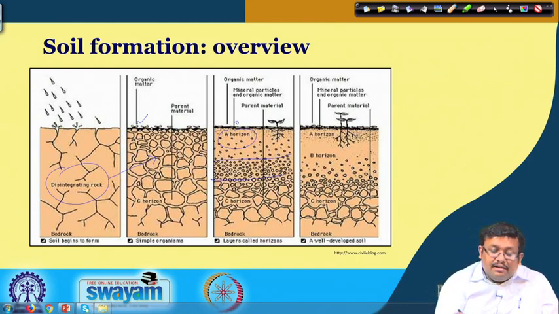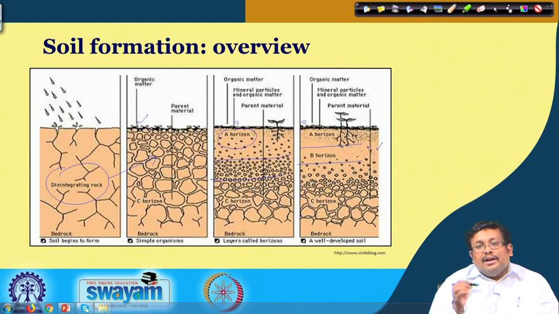In the final panel you will see that a completely distinct horizonation has been formed in this soil, where you can see the A horizon as well as the B horizon as well as the C horizon, and at the top there is a completely developed O horizon. This we call the soil profile, and unless this soil profile occurs in any soil, we cannot technically term that a soil.